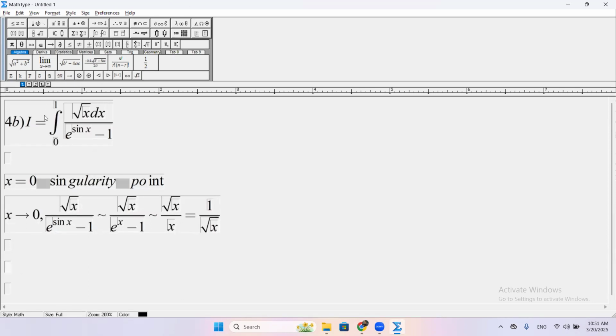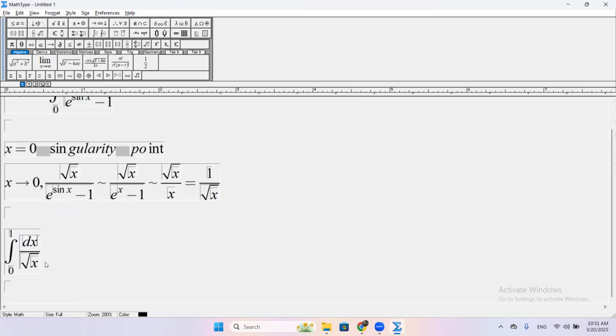The integral of this fraction converges. So p is equal to 1 over 2, and it is less than 1.